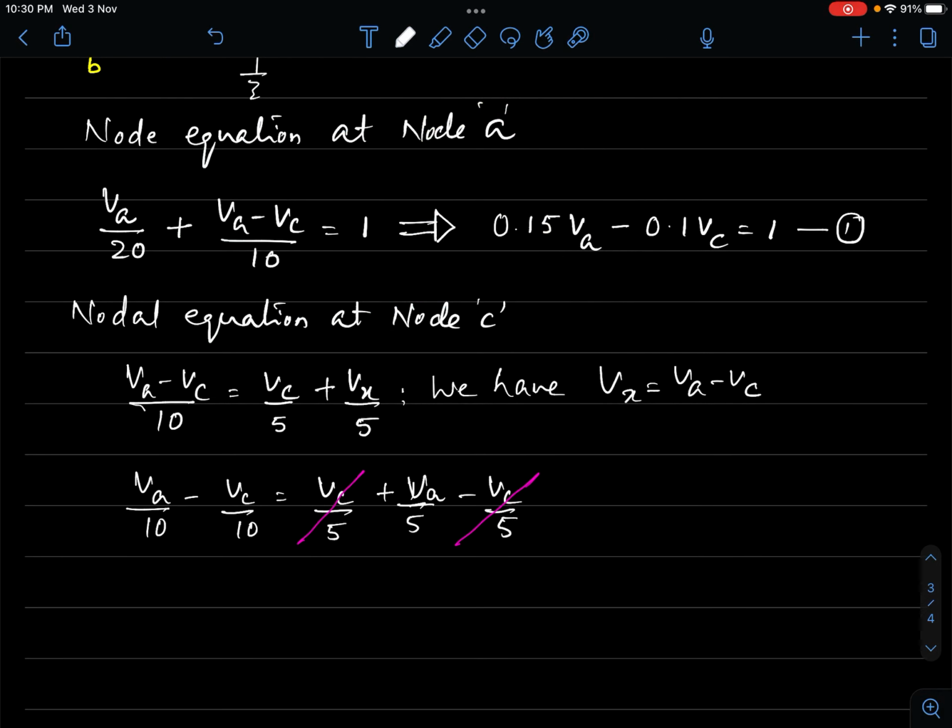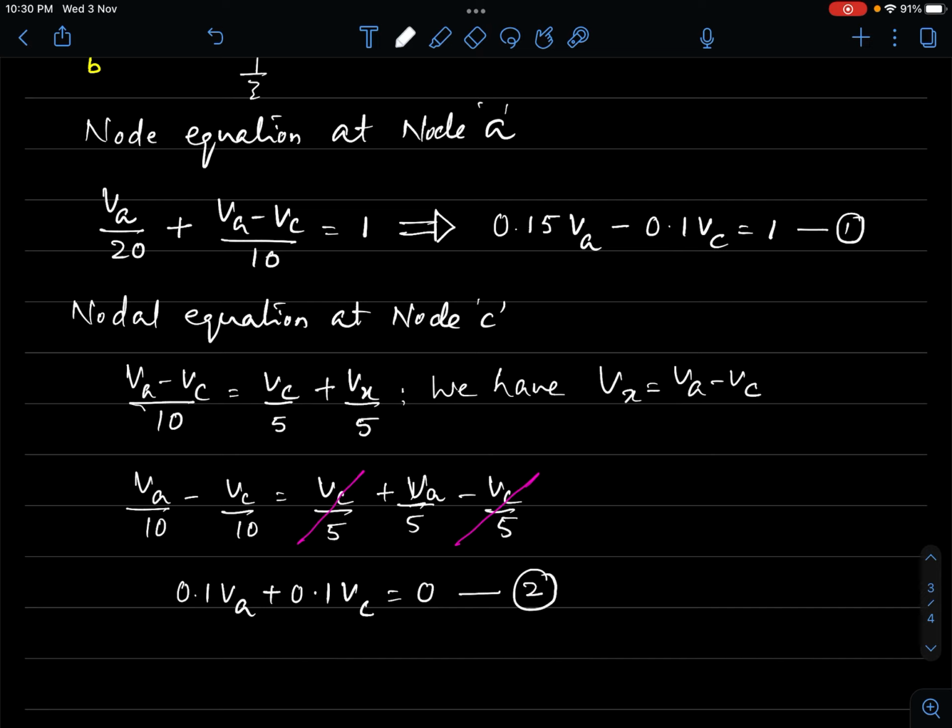This comes out to be 0.1, okay, so this is 0.2 and 0.1. I suppose this comes out to be 0.1 Va plus 0.1 Vc equal to 0. I suppose that's okay. This is equation 2.